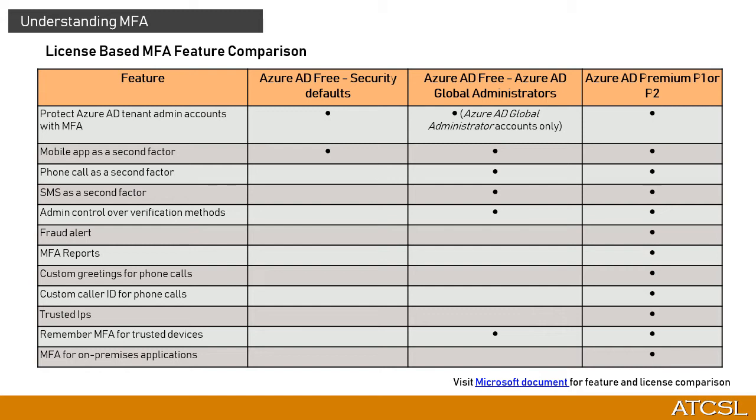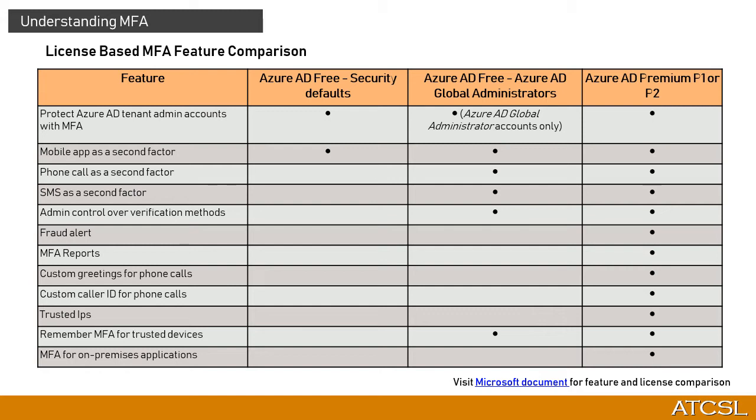So if you look at the Azure AD Free security defaults, the first two features, protect Azure AD tenant admin accounts with MFA, yes, it is available there in the Azure AD Free. Also, the mobile app as a second factor is also available there.